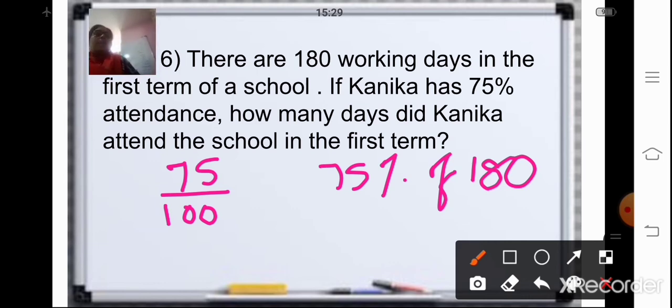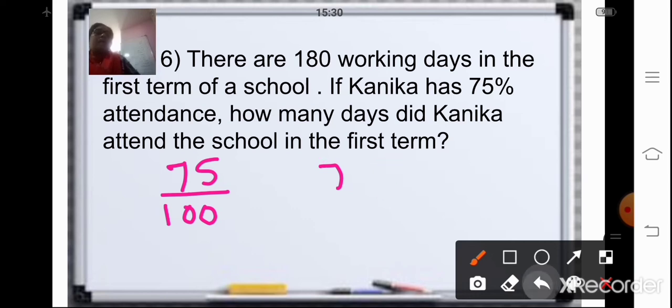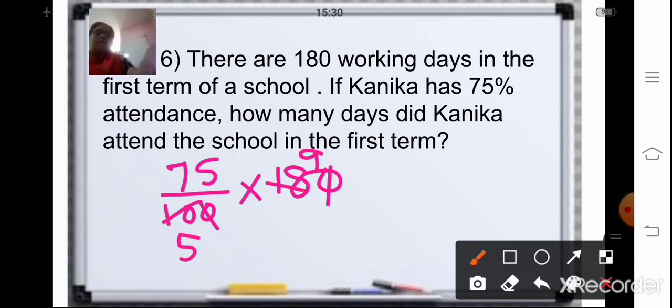So 75% of 180 means first you will change it into a fraction, 75 upon 100, and multiply it by 180, the total number of working days. Cancel this 10 and 18, which is divisible by 2. 2 fives are 10, 2 nines are 18.